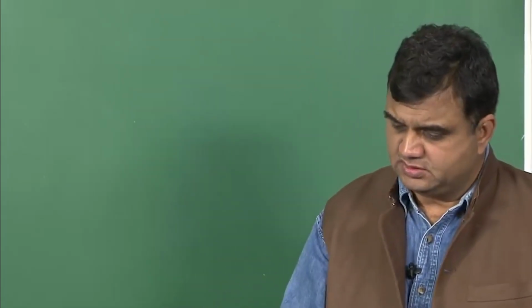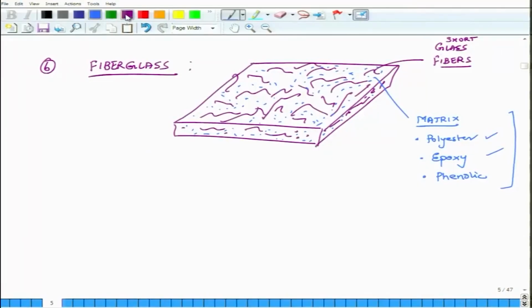So, because these are made from fibers, this is again an example of fibrous composite, and it is a short fiber composite.